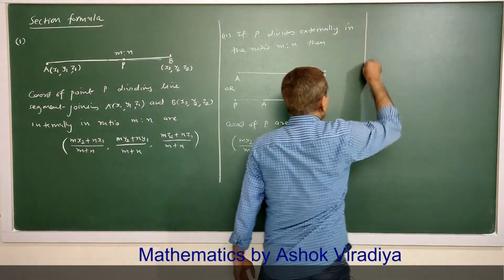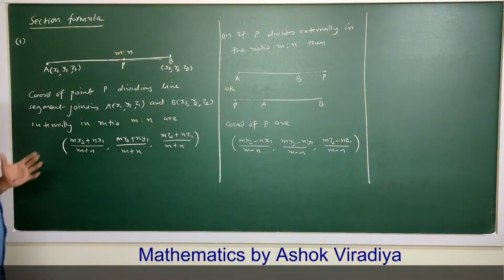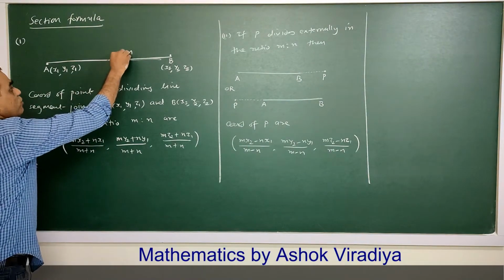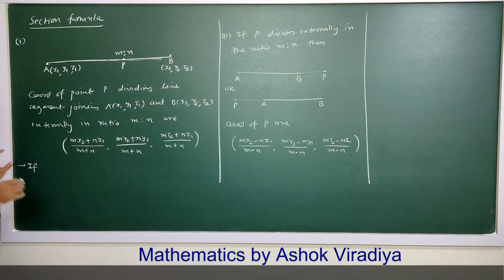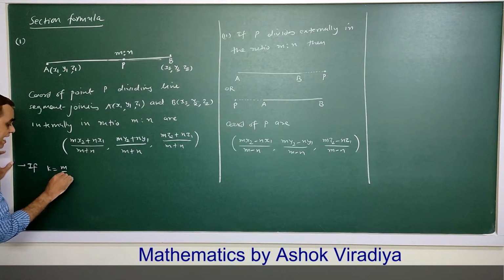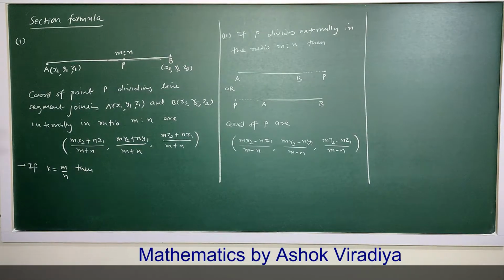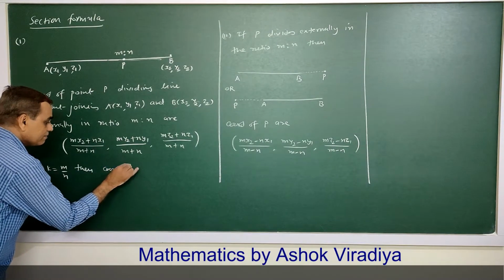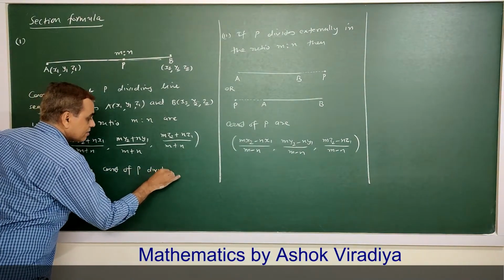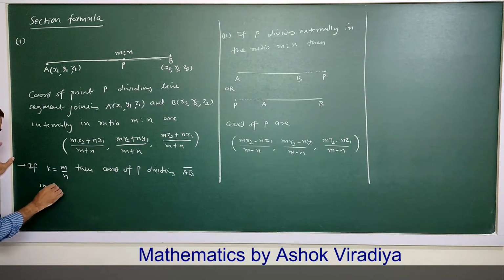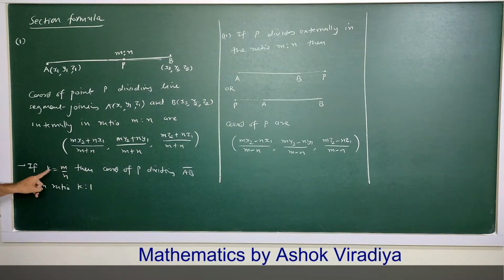Now in this discussion, if we replace this ratio m is to n by k, if k is m upon n, then this statement can be expressed as coordinates of P dividing line segment AB in ratio k is to 1. k equal to m by n, that means k is to 1.